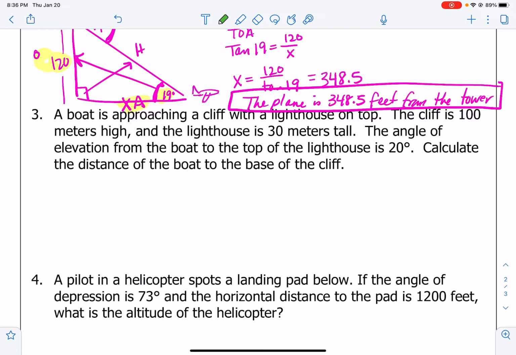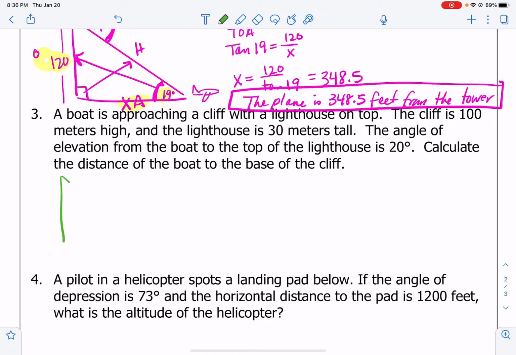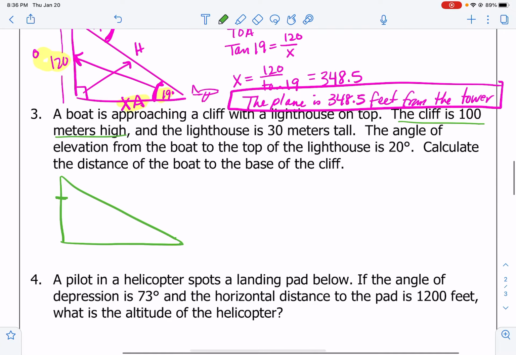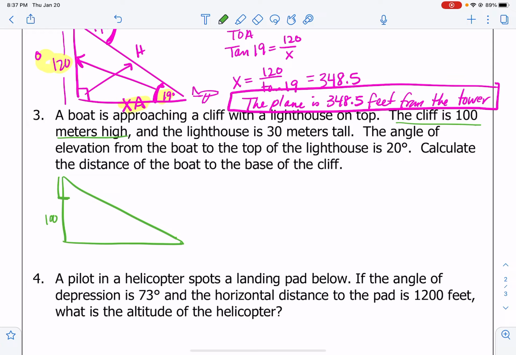So we can almost start by drawing a triangle and then making our story fit. So here's the cliff, which is 100 meters high. And then the lighthouse, which is another 30 meters tall.